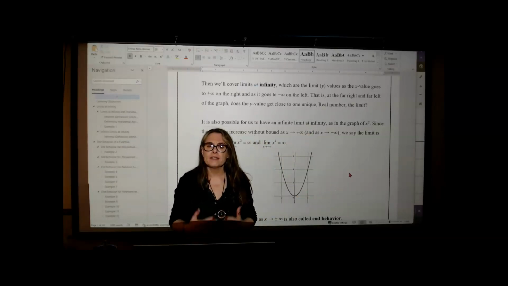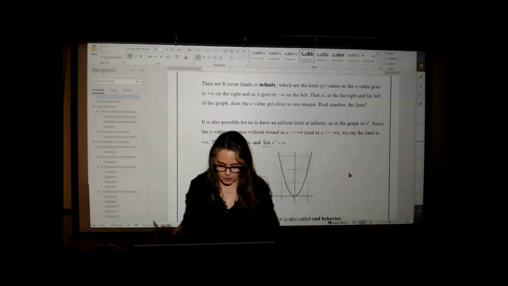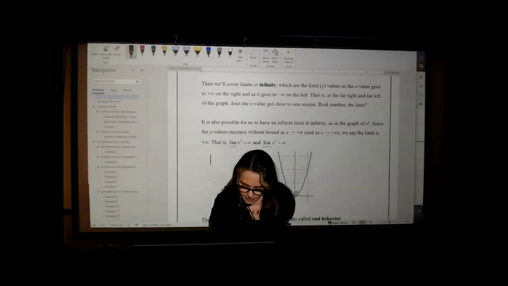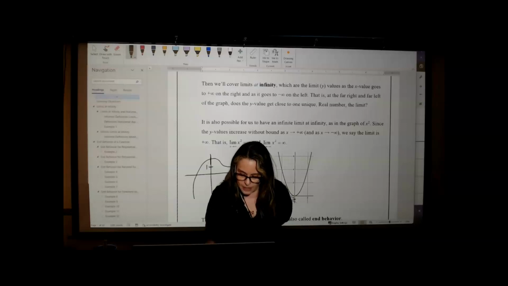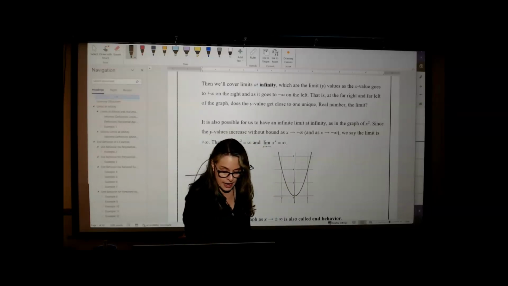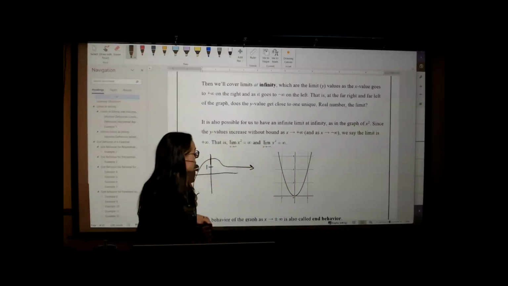However, there are graphs that don't exhibit this behavior. We could have a graph that does something like this, where it approaches, say, one particular y value as x goes to infinity.